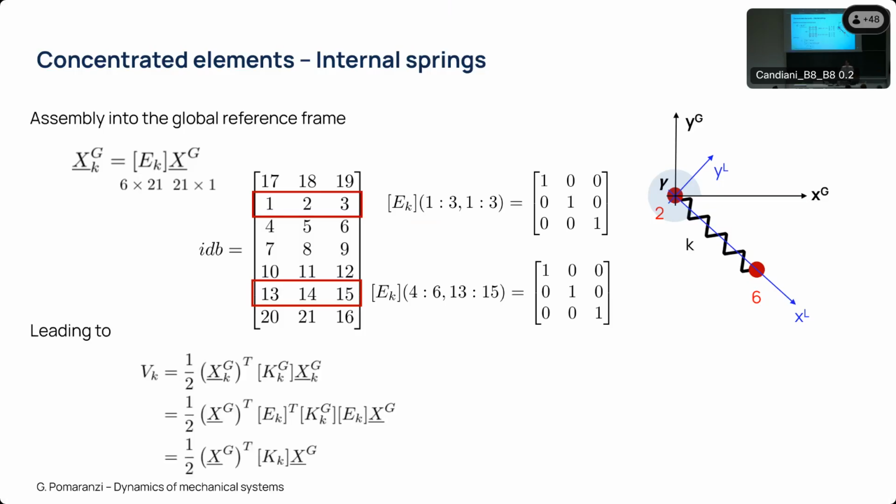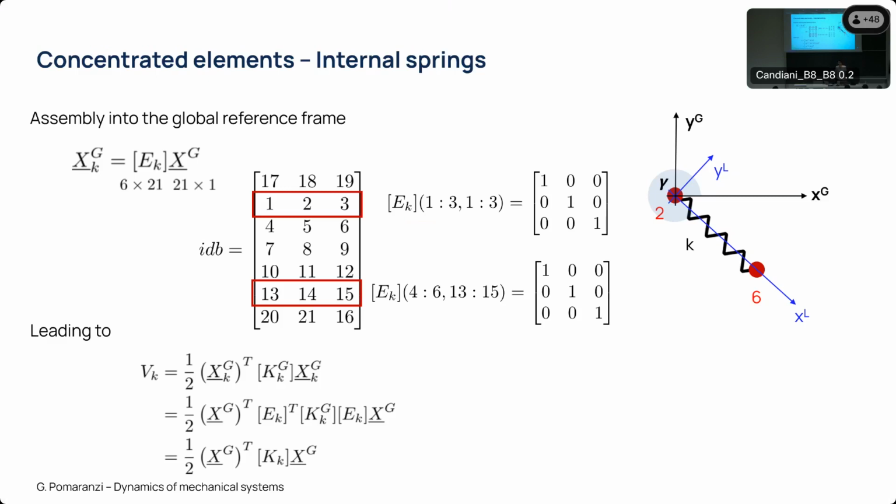The contribution of that spring in the global coordinates will be a 21 by 21 matrix, with a lot of zeros, and some terms in the specific global coordinates which are affected by the movement of those nodes.